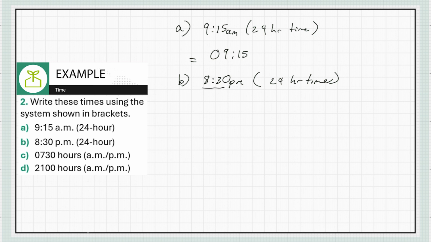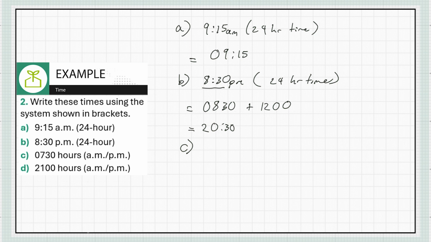So this is actually going to be, in 24-hour time, 08:30, and then we're going to add on 1200. Right, so we'll end up with a 30, and then we add the 8 to the 12, and we will get 20. So we end up with 2030 as our 24-hour time.